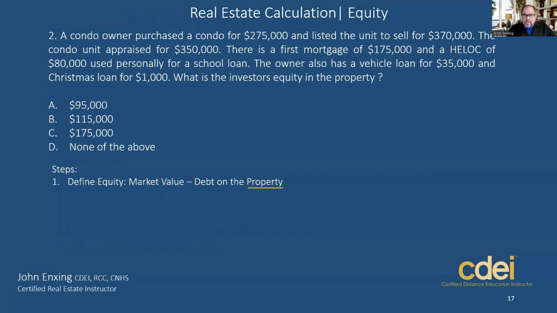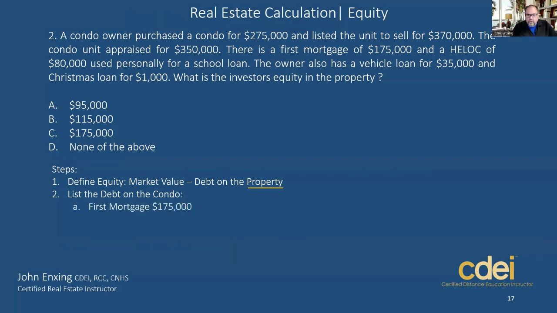The reason I do that is because we've got other loans out, one for a vehicle and one for a Christmas loan. But notice the formula says on the property. These are liens that have been filed on the property. So I simply list all the debt on the condo, the liens that are on the condo.